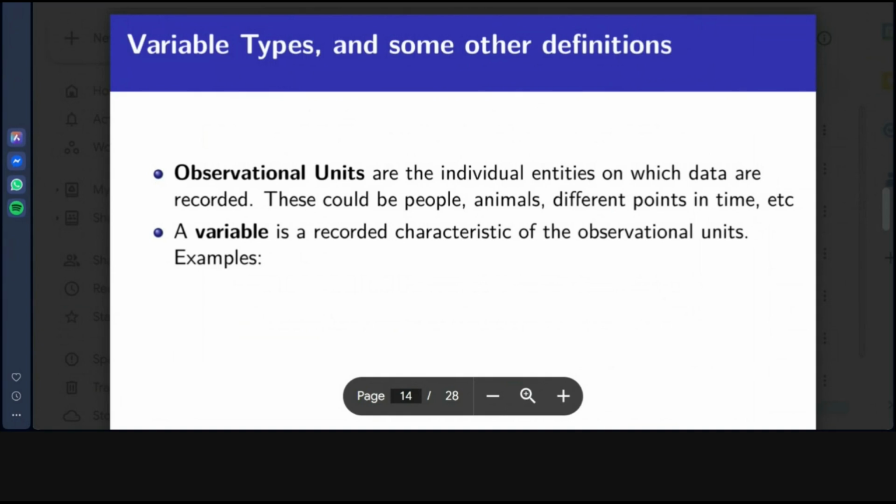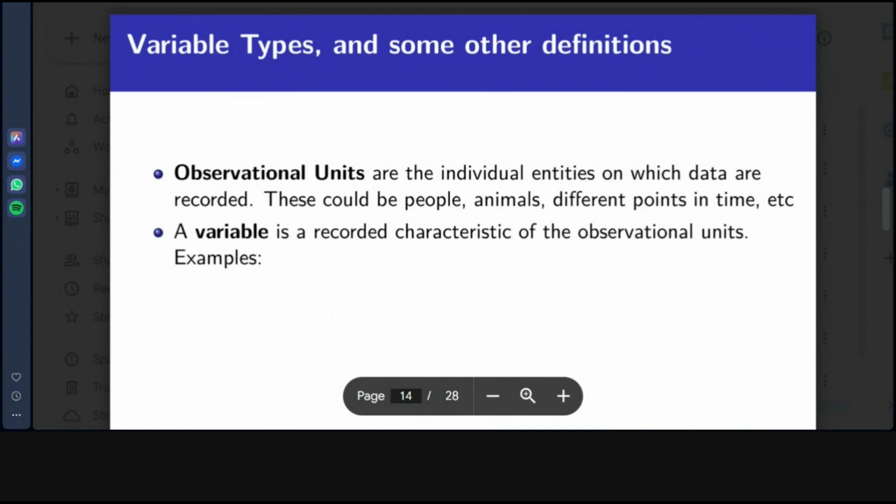Most of the time, yes, observational units could be people, animals, trees, plants, but they could also be abstract things like time points. For example, every day at 7 p.m. you go out and measure the temperature, let's say. So the time points would be the observational unit, right? It's not your house, but it's the time points.